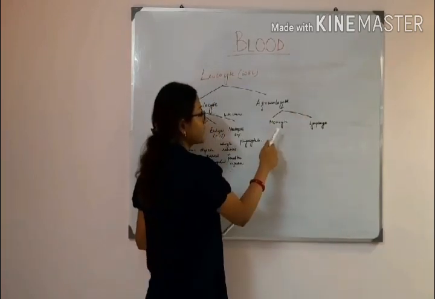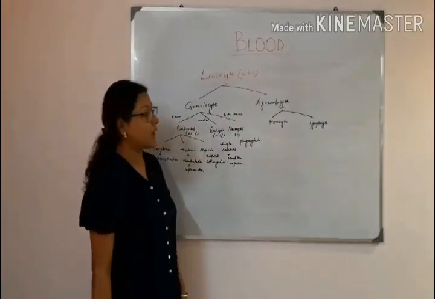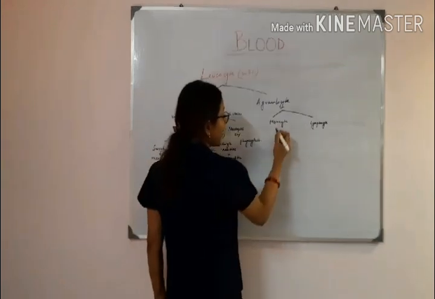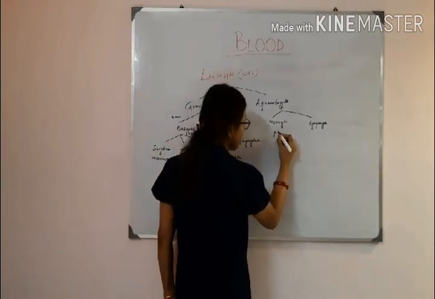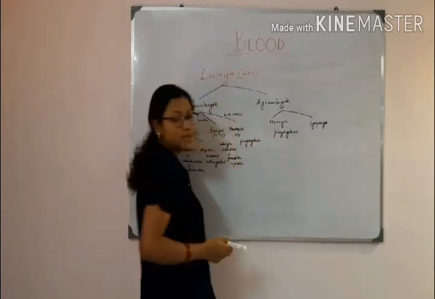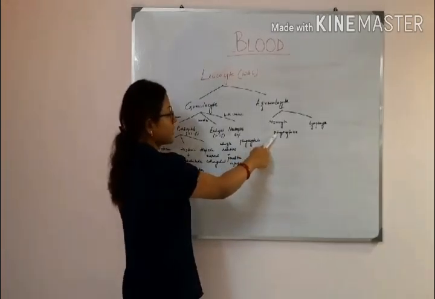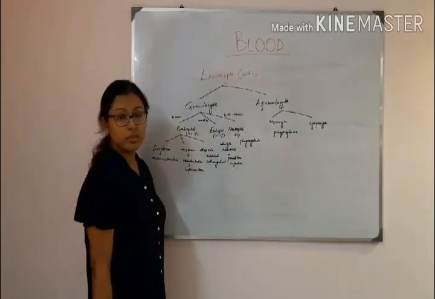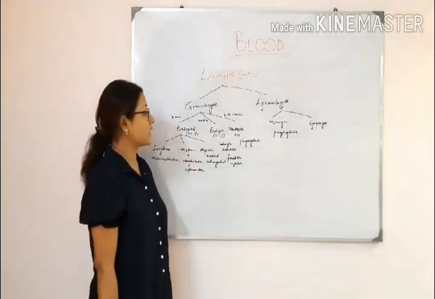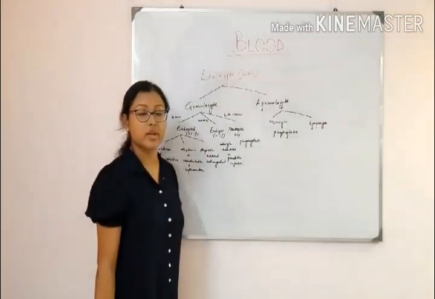And A stands for agranulocyte. So agranulocyte is divided into 2 parts, monocyte and lymphocyte. First of all, monocyte. Just like neutrophil, monocyte also helps in phagocytosis. So here one question may come in NEET, which cells help in phagocytosis? Neutrophil plus monocyte, both help in phagocytosis.